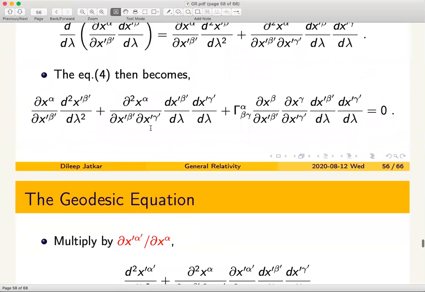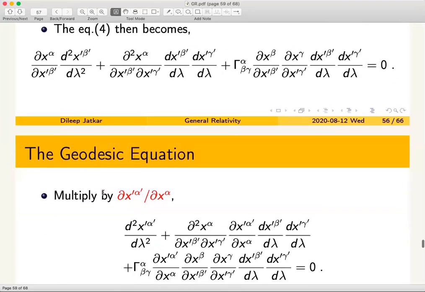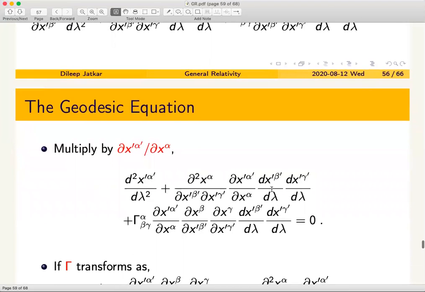To do that, we would like to get this second derivative piece with coefficient 1. So you again multiply the entire expression by dx prime alpha prime by dx alpha, and use the chain rule to convert that into delta alpha prime beta prime. That gives you an expression which looks like this.